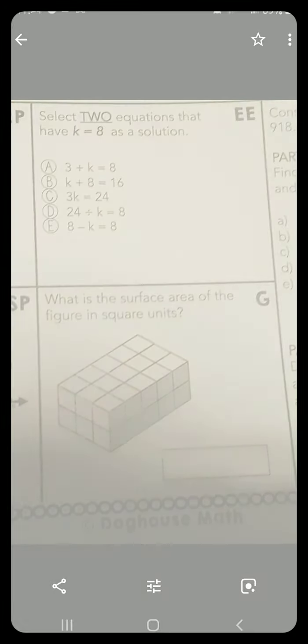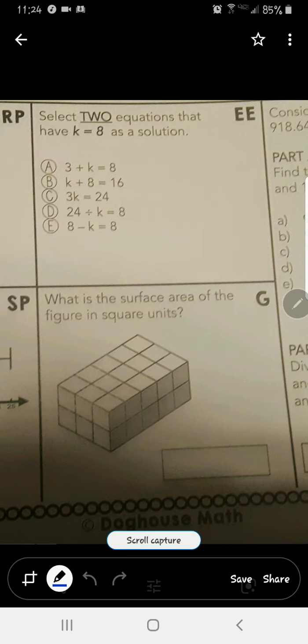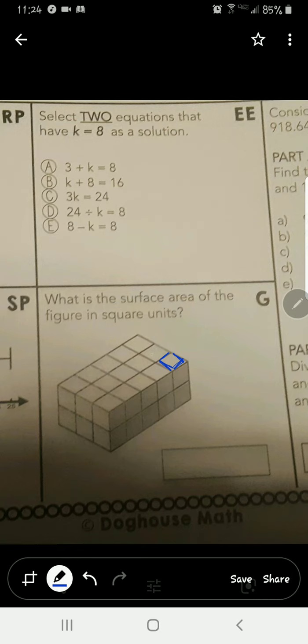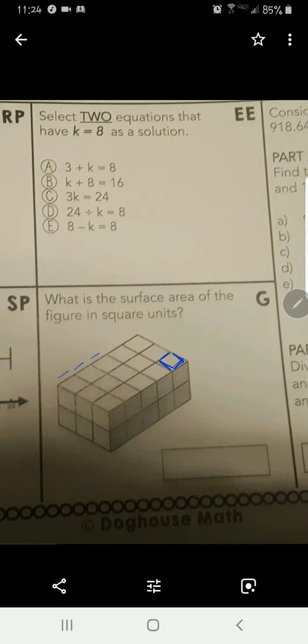Okay. What is the surface area of the figure in square units? So we already have our square units here. This is a square unit. So we can just count them here. 1, 2, 3, 4, 5. 5. And 1, 2, 3.